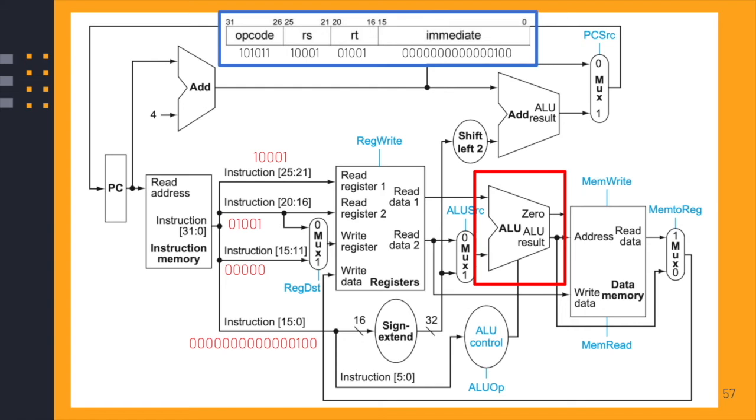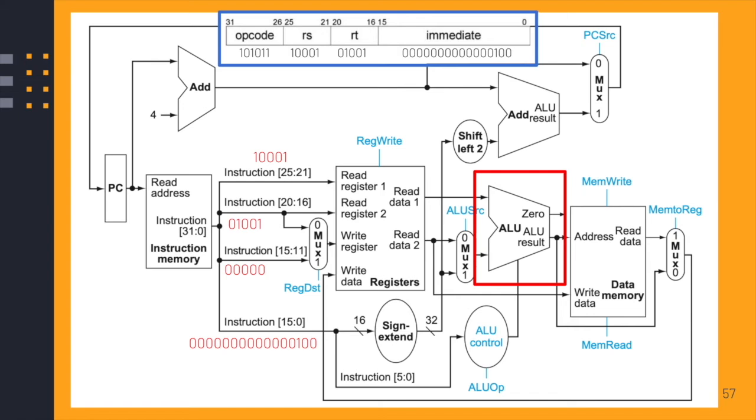Control signals are marked by blue labels, so all blue labels are the control signals output from the control unit, which includes the ALU source. So the ALU source knows that it's a store word instruction. I want to perform base address plus offset, so I will allow the value of the sign extend, which is the offset, to pass to the ALU and prevent the value of RT, which is the data I want to store to the data memory, from passing to the ALU.